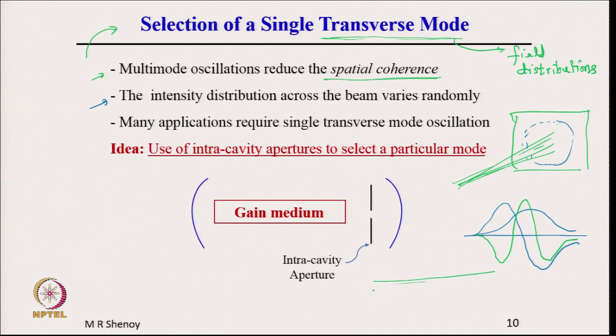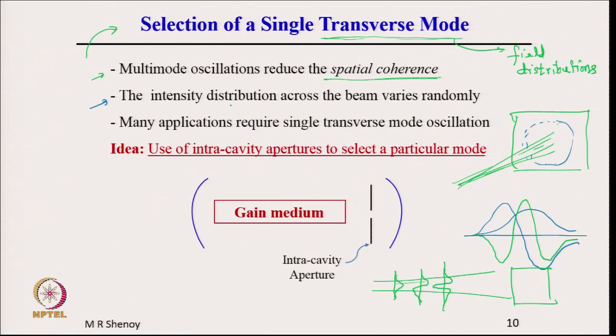The same beam comprises of, let us say, the fundamental mode here, the next mode which is here. I am showing these in one dimension, but if we look on a screen here, the superposition of all these modes will vary randomly.